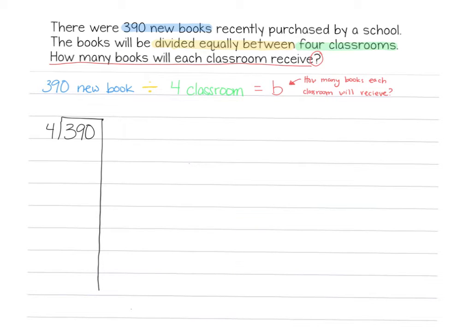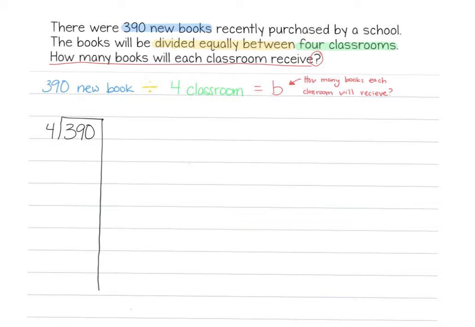Okie dokie, let's begin. So we have 390 books. We need to divide those into 4 groups. So let's start in the hundreds place because in division we always start in the largest place in case we need to regroup.